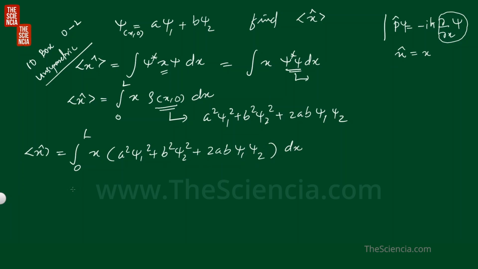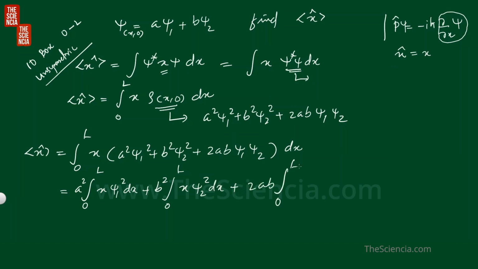We can separate this integral: a square outside into the integral of x psi 1 square dx, plus b square times the integral from 0 to L of x psi 2 square dx, plus 2ab times the integral from 0 to L of x psi 1 psi 2 dx. Now we have to evaluate each of these terms.